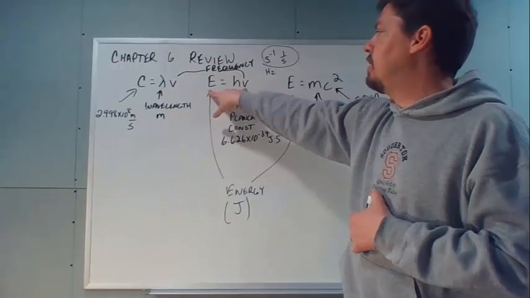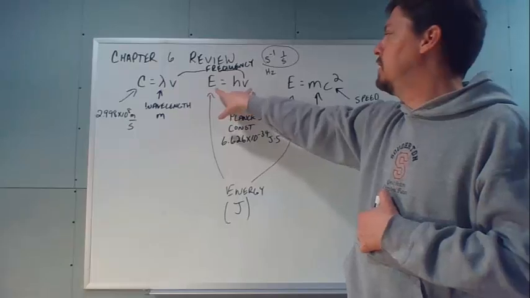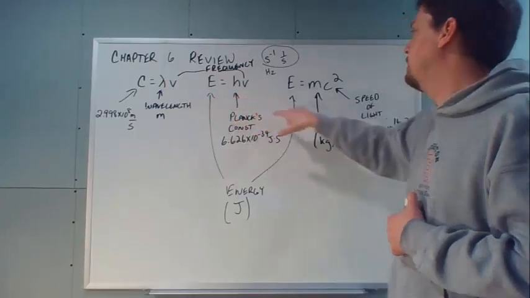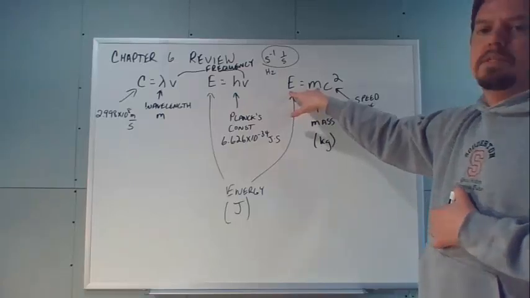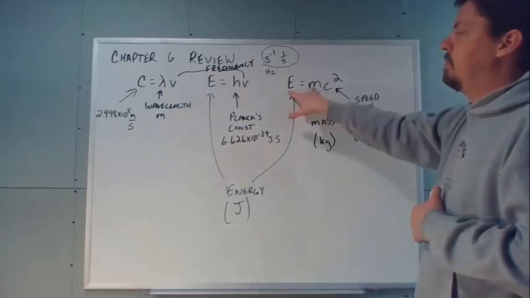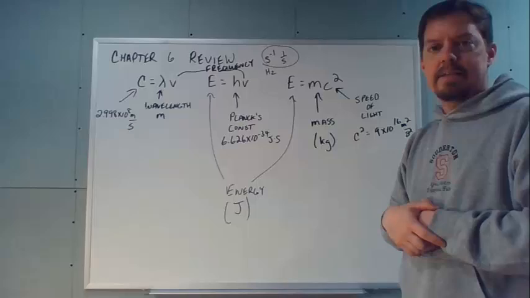And since these are on opposite sides or need to be divided to get equal to a constant, these are going to be directly related. So as your frequency goes up, your energy goes up. And the same here. These are on opposite sides, so they have to be divided to get them on the same side. So they will be a direct relationship too. So the higher the energy is, the higher the mass is.